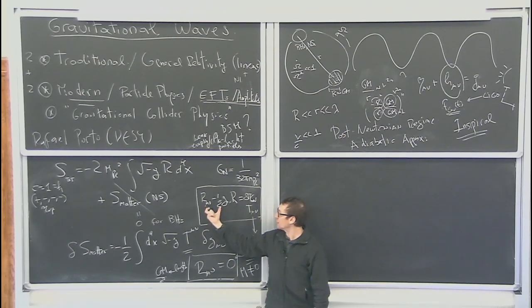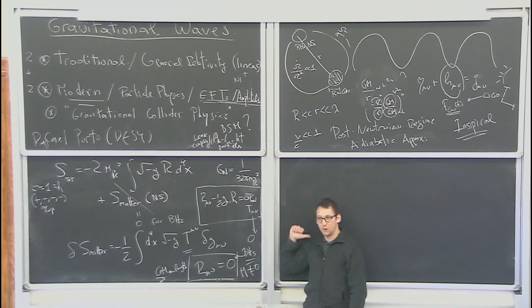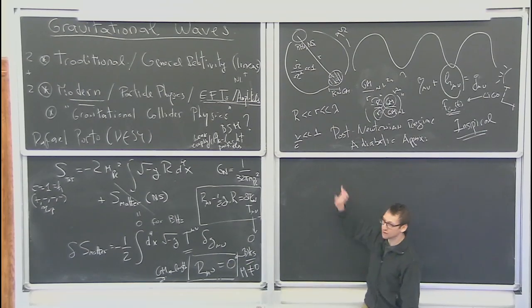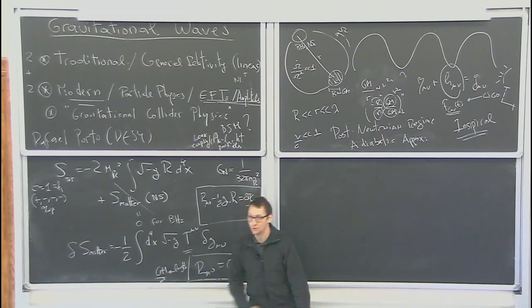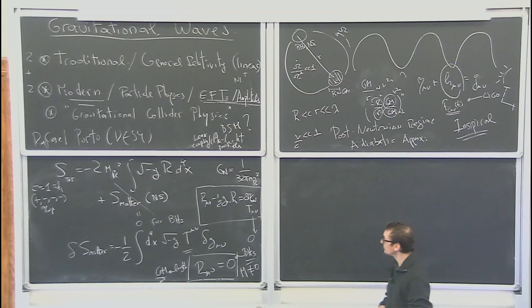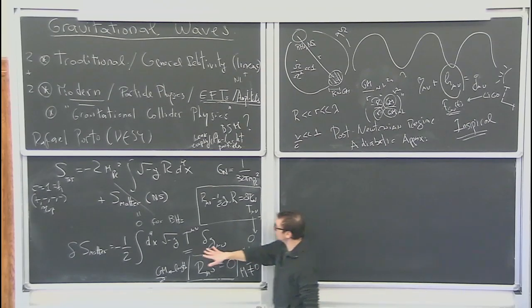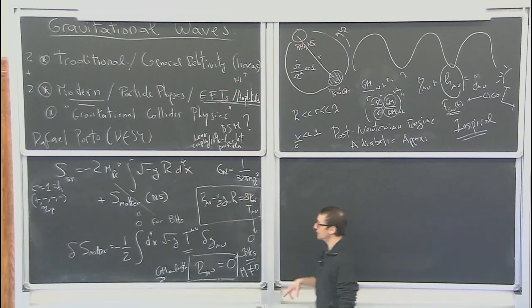So there will be some high curvature effects associated with the black hole at short scales that will make it look like what I erased. That will be the effective theory, and that's how we will be able to tell who this M is. But we will concentrate on that as if there was a T mu nu, and then we will get back to the case of black holes.